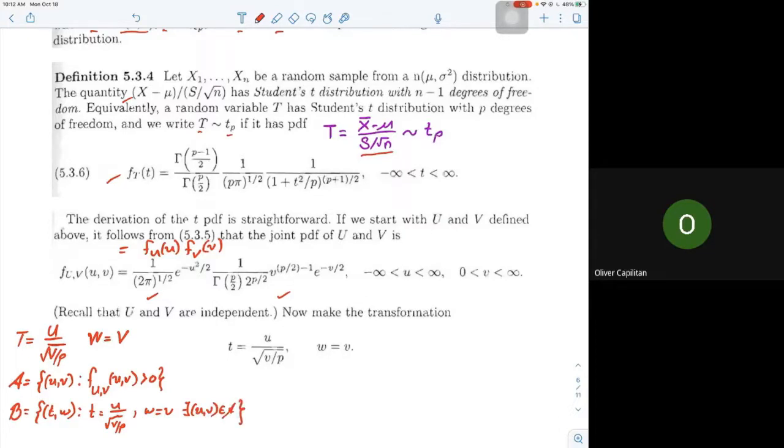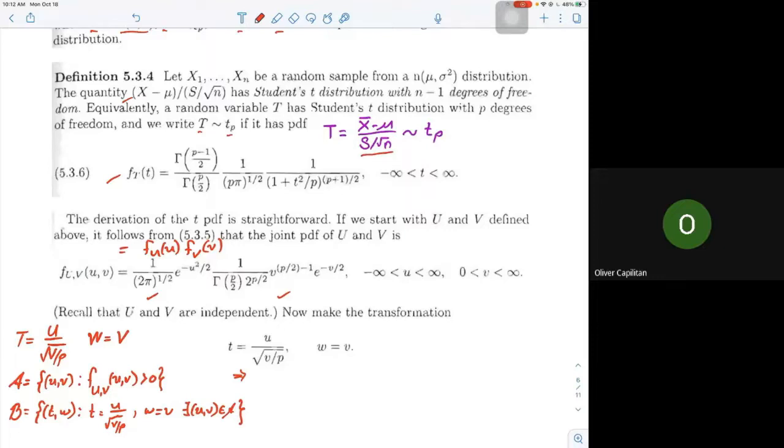Based on our transformation, this implies that for every ordered pair t, w, there exists only one ordered pair u, v such that t is equal to u over the square root of v over p, and w is equal to v.